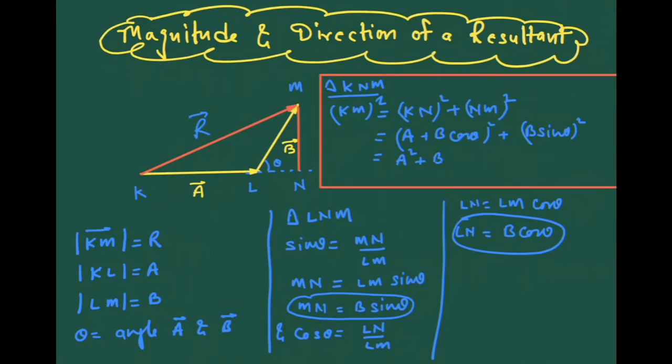After expanding we get A square plus B square plus 2AB cos theta, and here KM is R. So this is the formula for the resultant of vectors. The magnitude of vector R is given by the square root of A square plus B square plus 2AB cos theta. Equation 1.